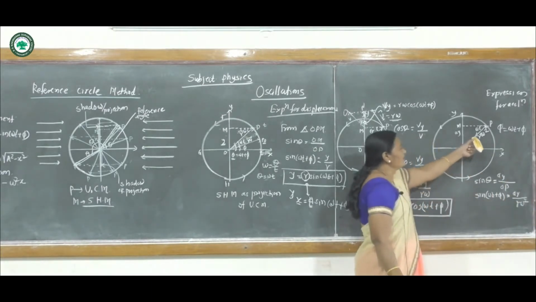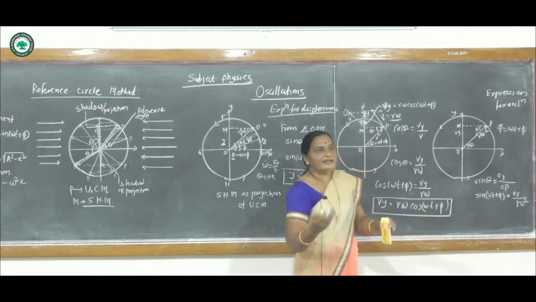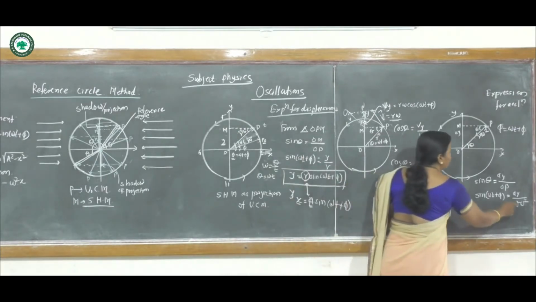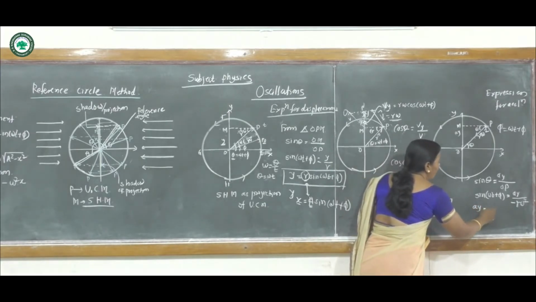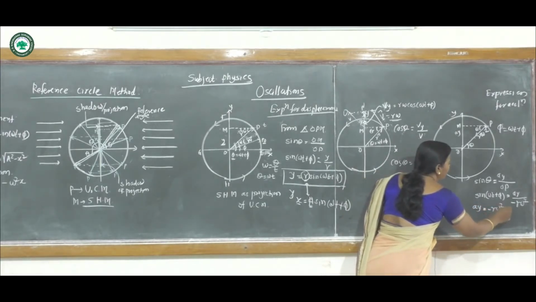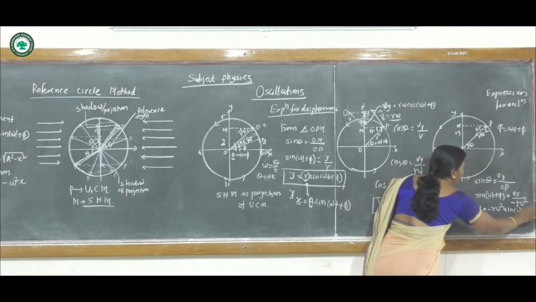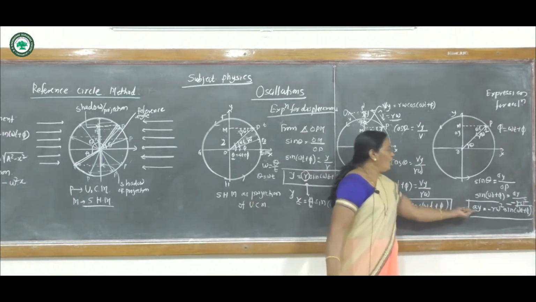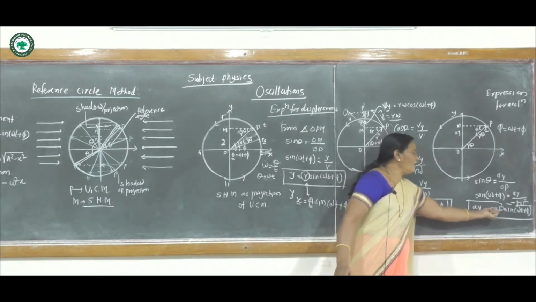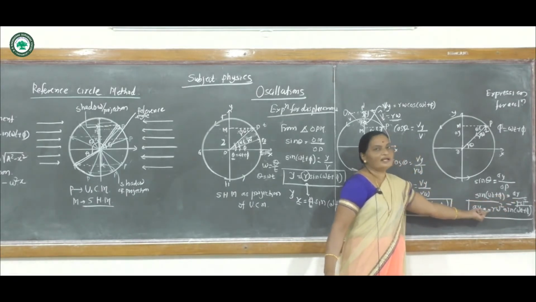Now the centripetal acceleration is opposite to the radius vector, so it has a minus sign. Now AY is equal to minus r omega square sine of omega t plus phi, which is the expression for acceleration.